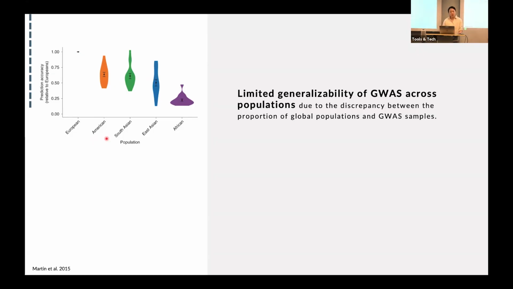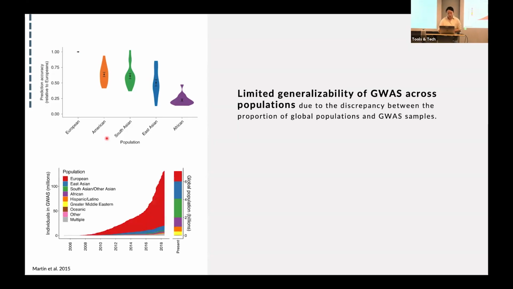This indicates that the PRS we use here is not going to work well outside of European ancestry. They pointed out that this is largely because the majority of GWAS have been done in European ancestry cohorts. So whatever results we find through European-based GWAS are not going to transfer well to non-European populations.